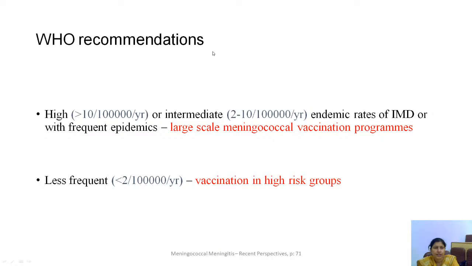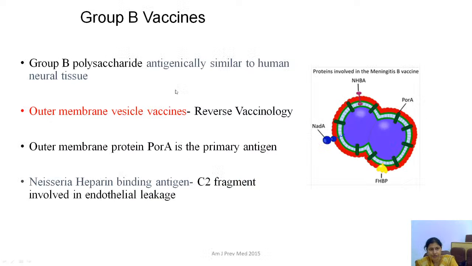Fine. The WHO recommendation for Neisseria meningitidis is that when the endemic rate is very high, more than 10 per 1 lakh, or intermediate, 2 to 10 per 1 lakh, then vaccination programs for meningococcus are started. When it is less frequent, it is only given to the high risk.